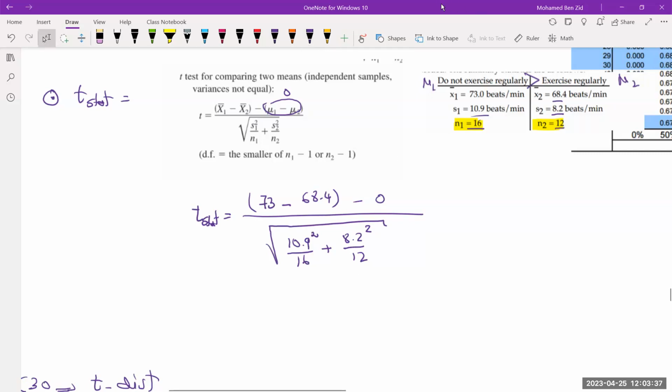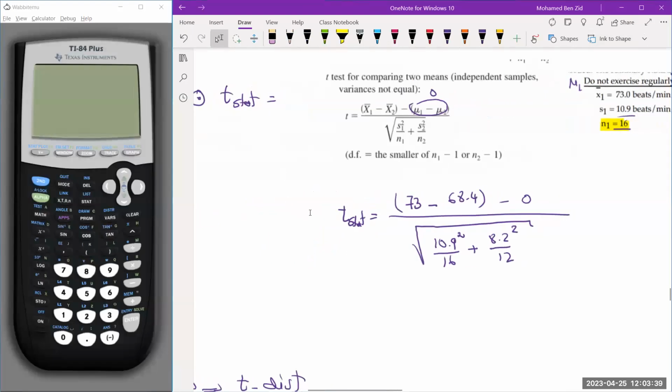Let's do it on the calculator. For the calculator here, we're going to start with the parentheses, 73 minus 68.4, close the parentheses, and divide. Now everything is under the square root, so I can skip the parentheses.